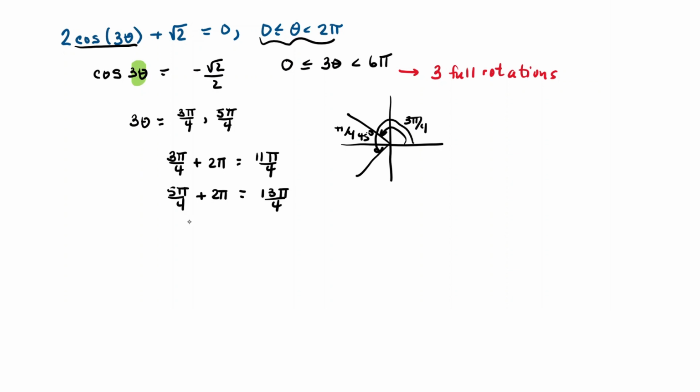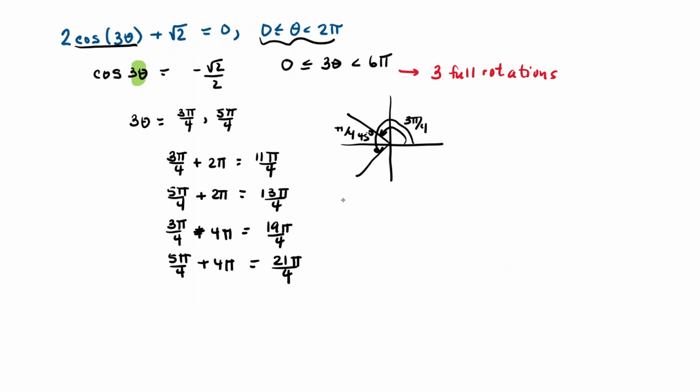And then we're going to add 4 pi since, again, we want all the solutions within the first 3 rotations. So this is going to be 3 pi over 4 plus 4 pi, which is 16 pi over 4, so that's 19 pi over 4. And 5 pi over 4 plus 4 pi, which gives us 21 pi over 4.